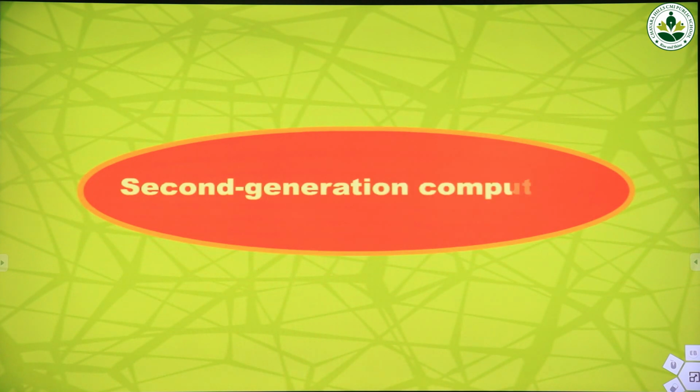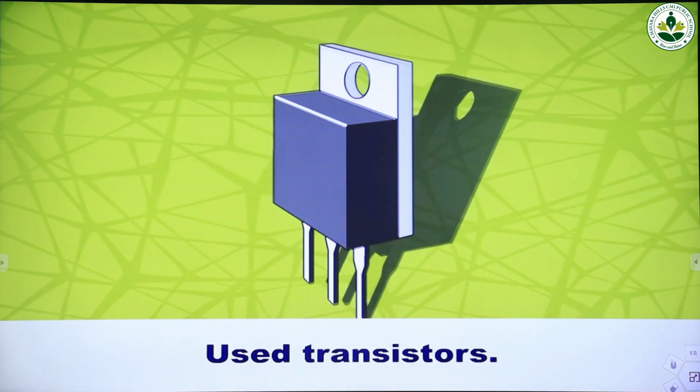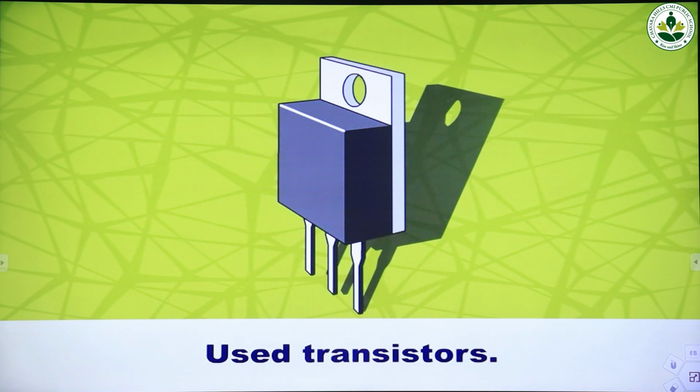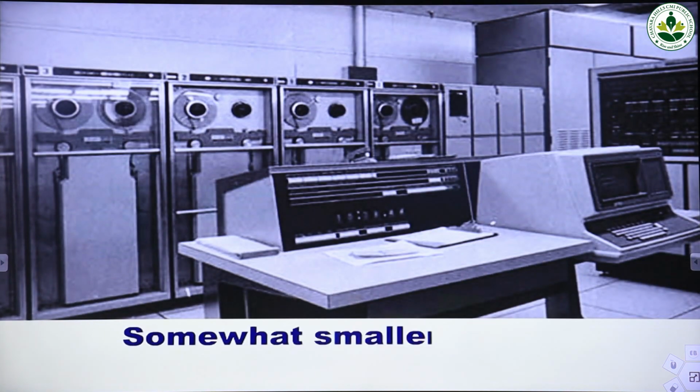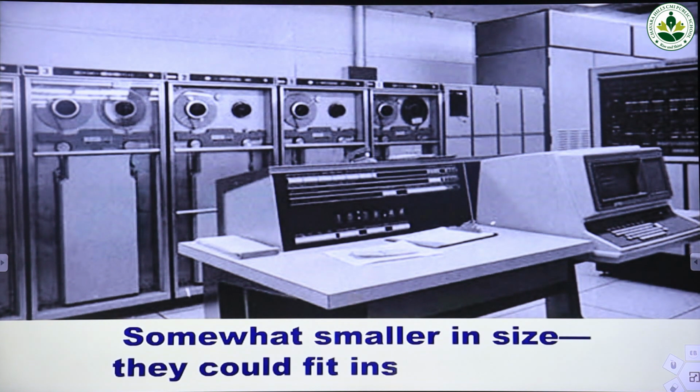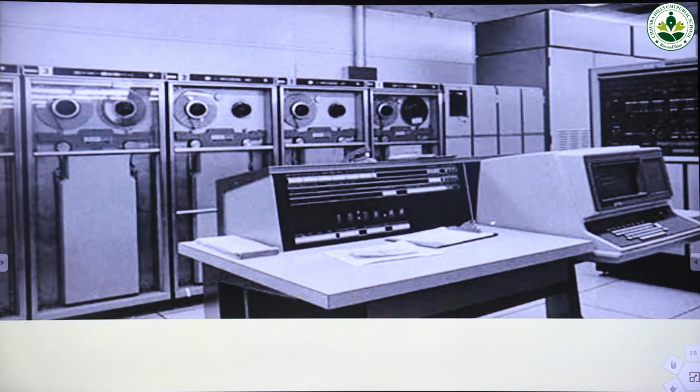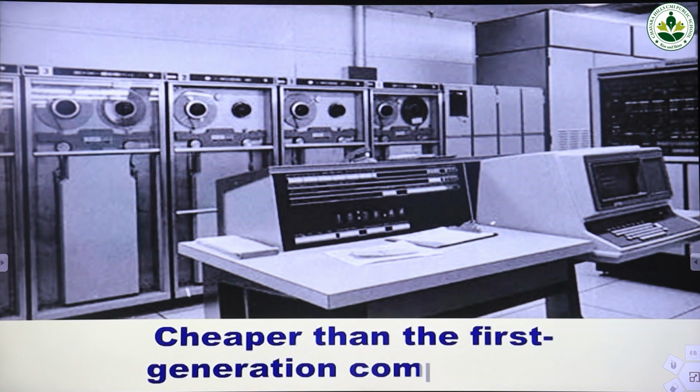The second generation computers had features like: A. They used transistors. A typical second generation computer had about 10,000 transistors. B. They were somewhat smaller in size. They could fit inside a room. C. They were cheaper than the first generation computers.